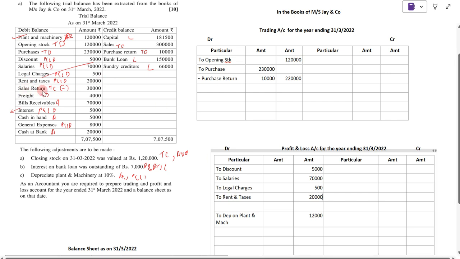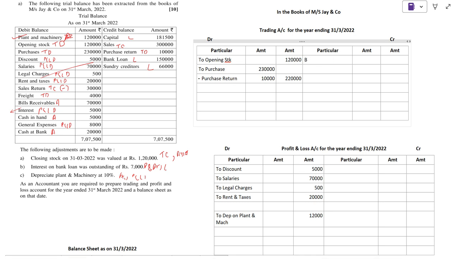Then we have sales return, that is trading account, credit side, 30,000. So first we'll write sales in trading account, credit side, by sales. If we are writing in credit side, we have to write by sales. The value of sales is 3 lakh rupees.